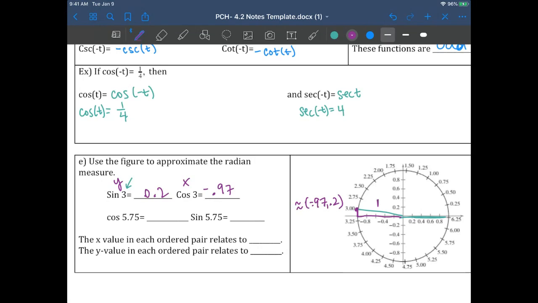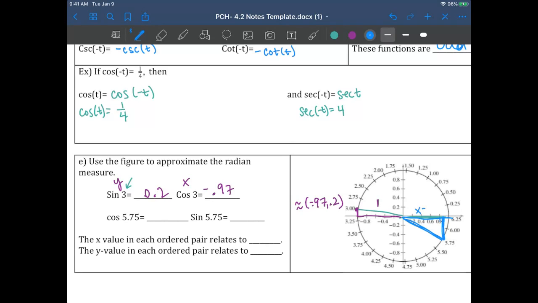Okay, 5.57. So this time I'm going to move all the way from here to 5.57. Starting at 0, moving to 5.57. I think I transposed that, sorry.